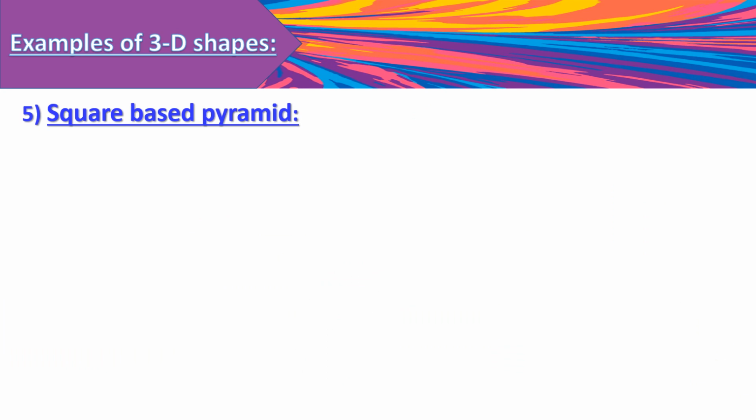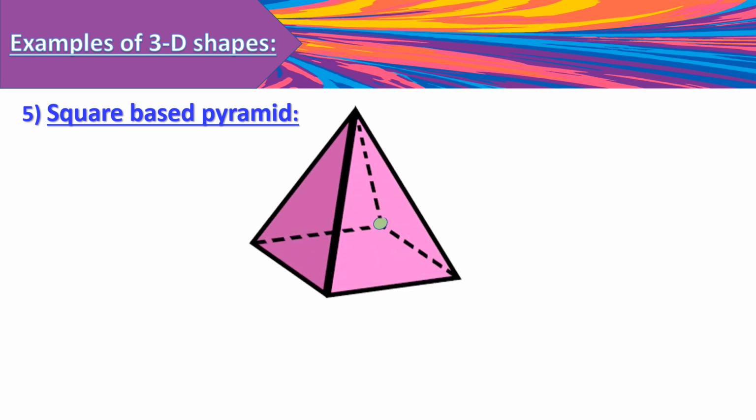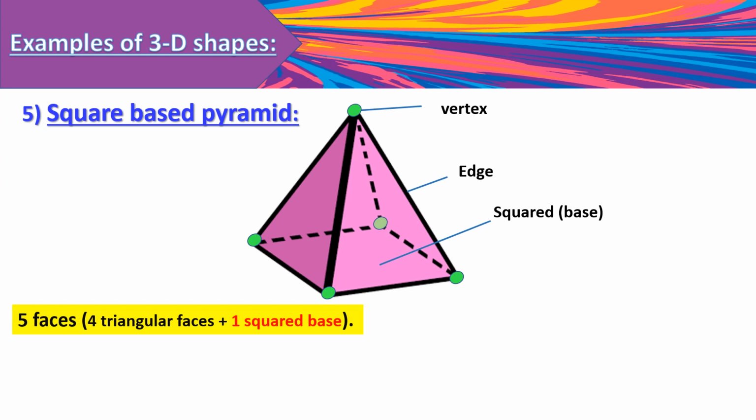Let's move to square-based pyramid. It's a pyramid with a square base, like this shape. It has a square base, and some edges like this, and some vertices. It has five faces, four of them in a triangle shape.